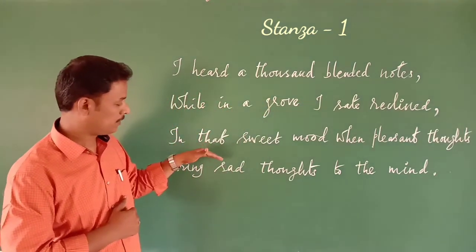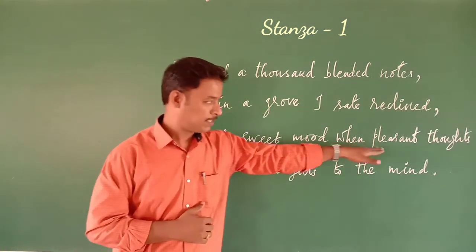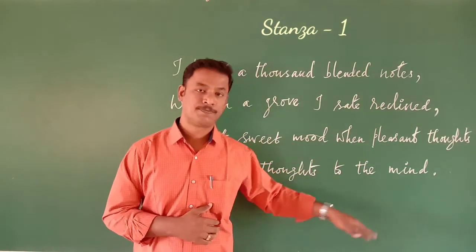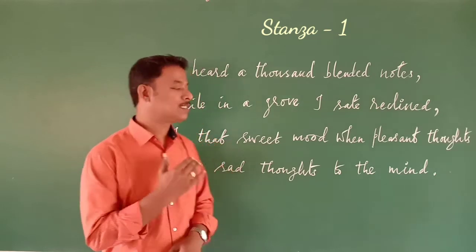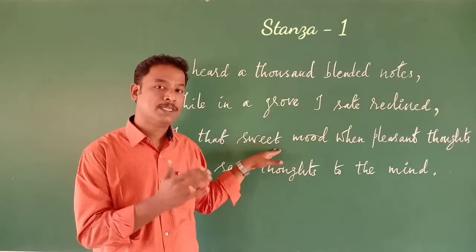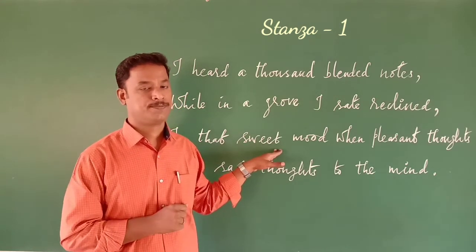In the third line, he says that in that sweet mood when pleasant thoughts bring sad thoughts to the mind. In that sweet mood, that refers to his feeling, the happy thoughts also remind him of sad thoughts.